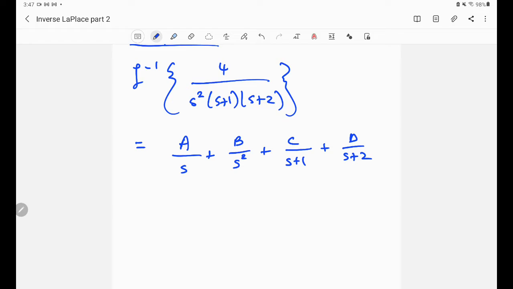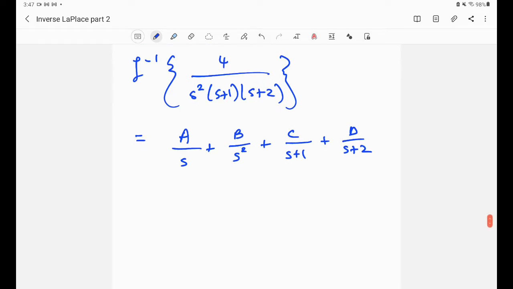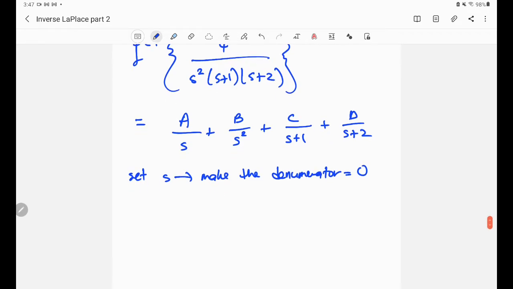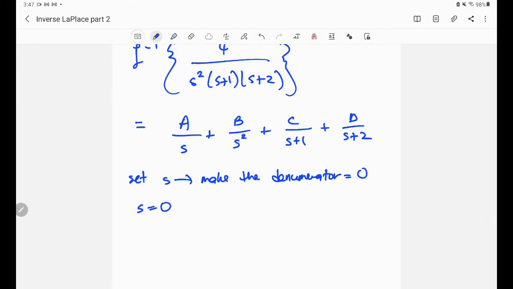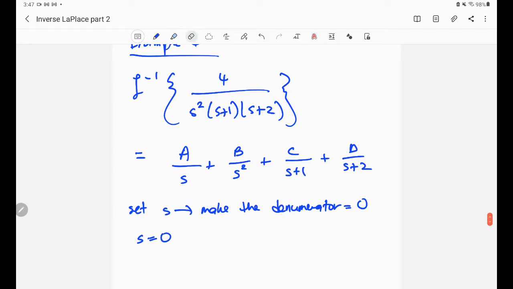But there is also a shortcut that you can use to help with the process, and that is to set s so as to make the denominator equal to 0.